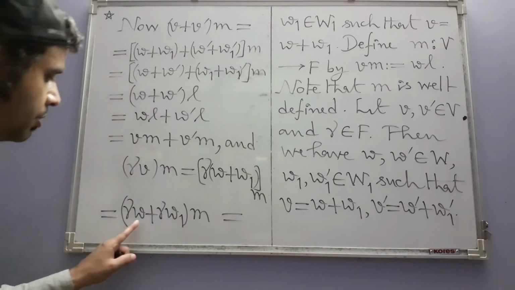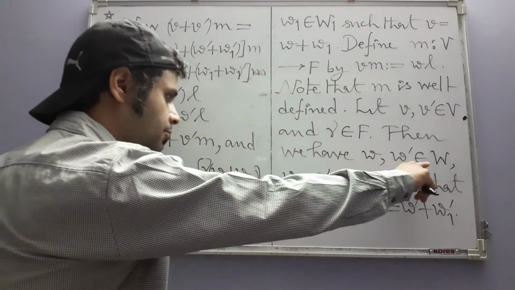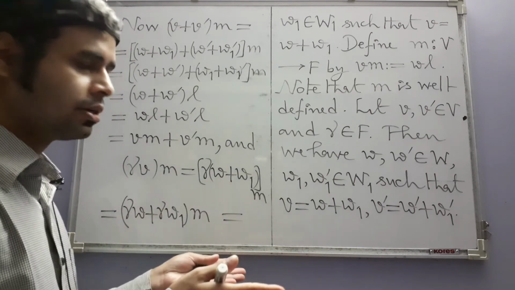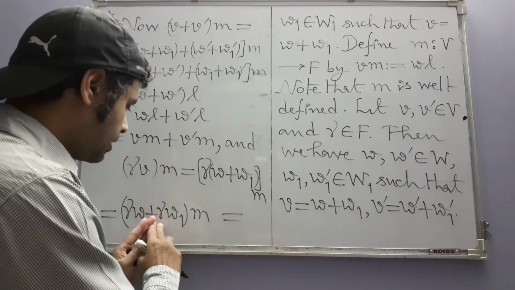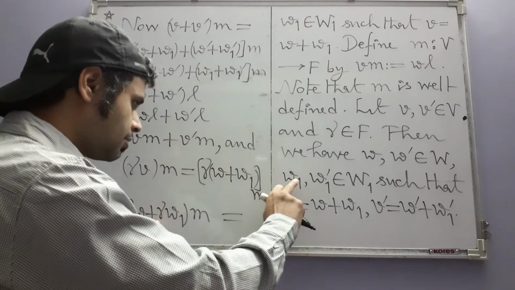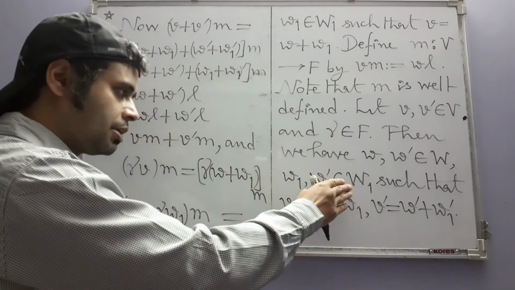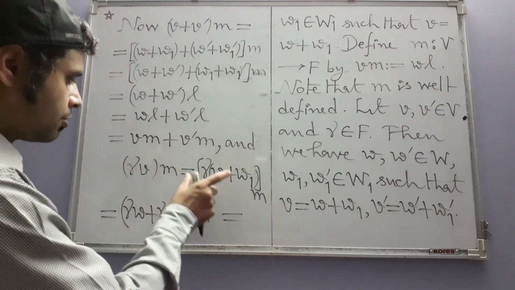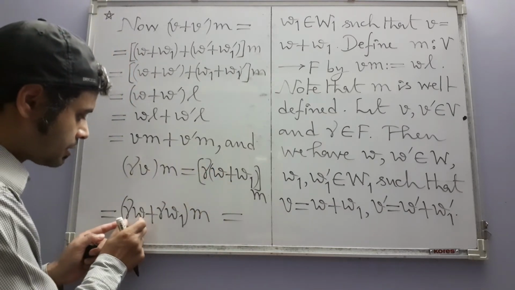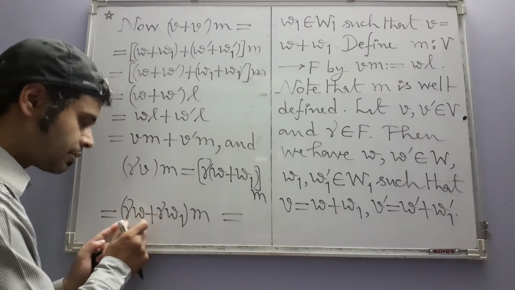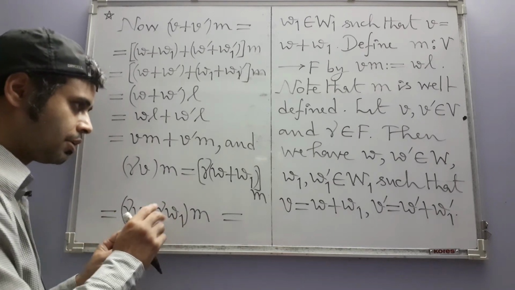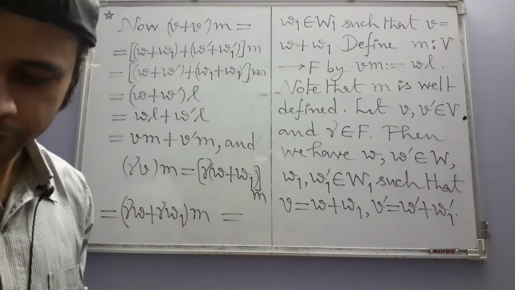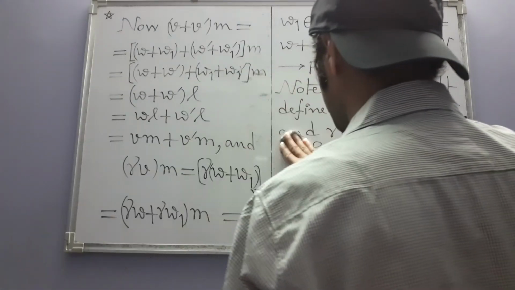Now note that because w is coming from W and gamma is a scalar, gamma w is in W, and also at the same time, since w1 is coming from W1 and W1 is a subspace, gamma w1 belongs to W1. So this vector has been expressed as the sum of a vector from W and a vector from W1. So now we can apply the definition of M once again and have this.